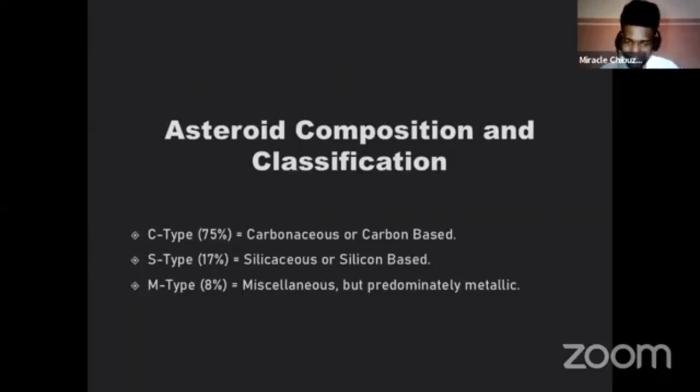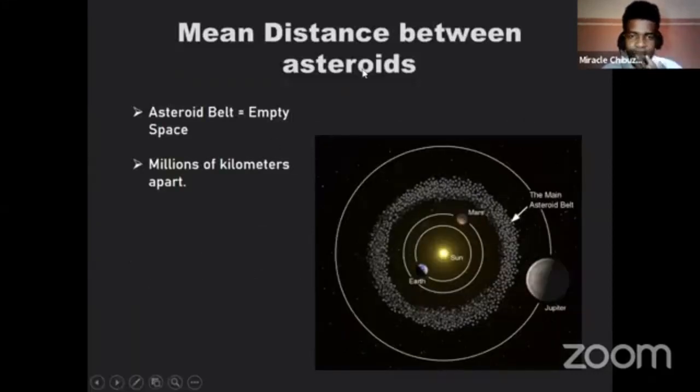Silicon is like sand. They make up 17%. And then the other 8% are miscellaneous. They are predominantly metallic, so we call it miscellaneous. Some people say it is metallic, but we just call it miscellaneous because not only metallic, we have other materials that make up 8%.